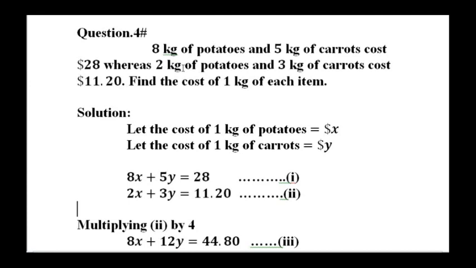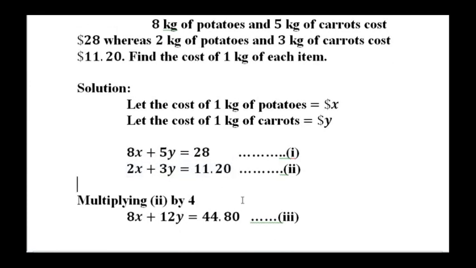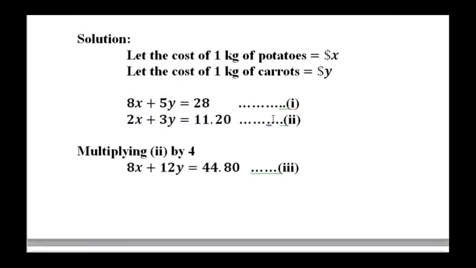According to the second condition, the cost of 2 kg of potatoes and 3 kg of carrots together is $11.20. So we can write the equation 2x plus 3y equals 11.20. I'll name these two equations as equation 1 and equation 2.